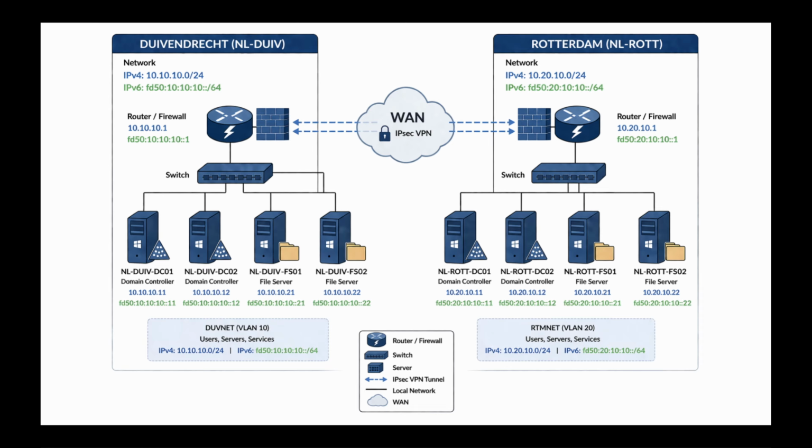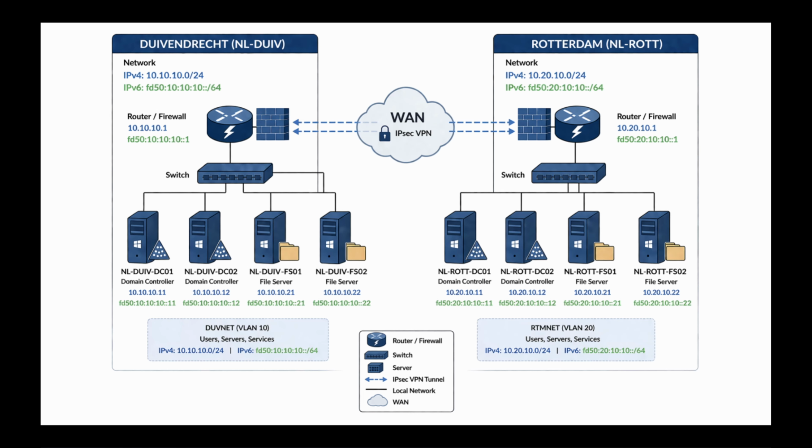We use the same idea for our internal IP version 6 addressing. Duivendrecht uses FD50:10:10:10 with a 64-bit subnet mask. And Rotterdam uses FD50:20:10:10 with a 64-bit subnet mask.